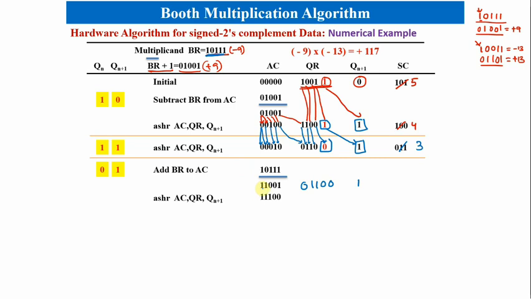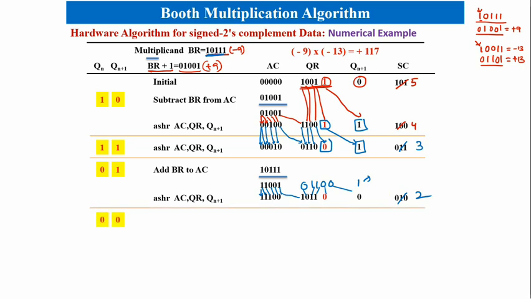Shifted right means including the sign, it is to be shifted right. The sign bit is at the same position. Look at 0 1 1 0. This 0 comes to this position, and this one is going to be out, correct now? The sequence is decremented by 1, so it becomes 2.